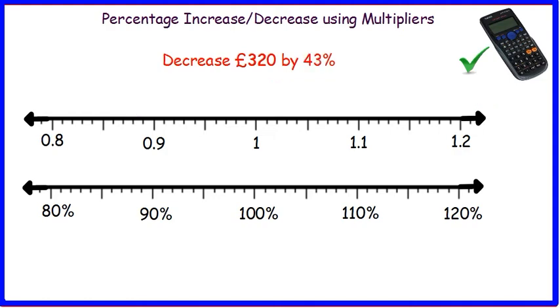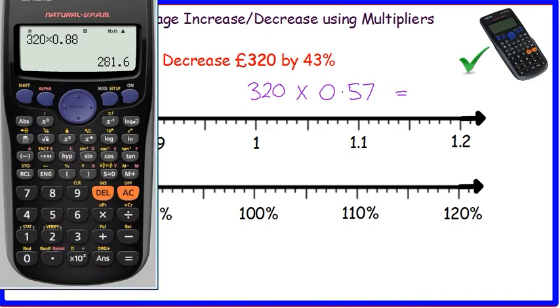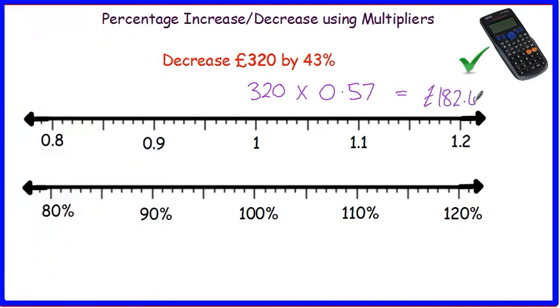Take away 43%. Now, I can't use this directly, but I'm looking at what I need to get from 43 to 100, and that would be 57. That's take away 43. Now, this is quicker, but it's definitely important that we get this idea for compound interest on its way.